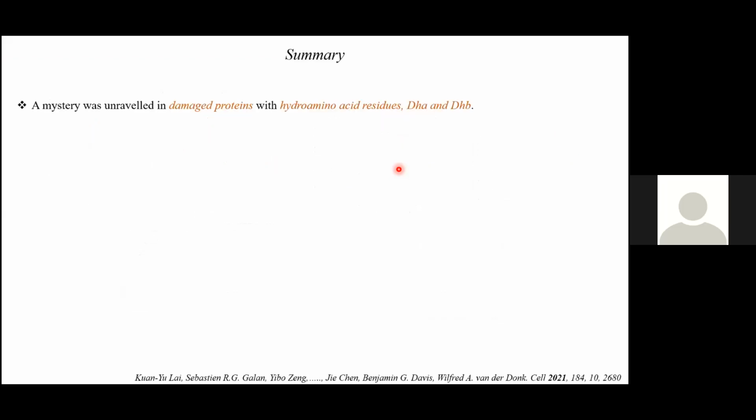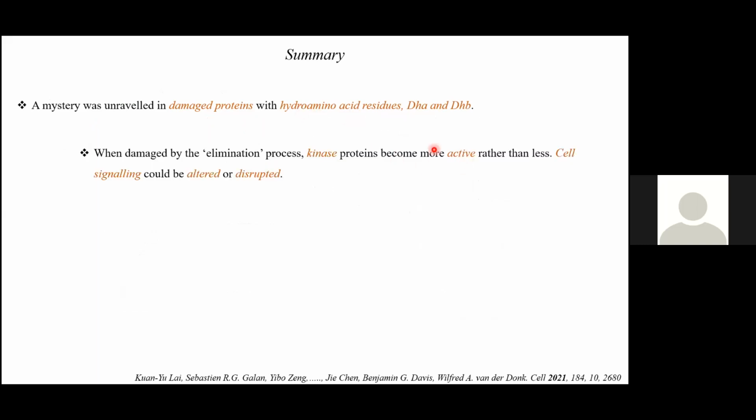So in summary, first of all, we find that damage to proteins with dehydroamino acid residues will activate the kinase activities, then disrupt and alter the cell signaling in our biological systems. Through the collaboration, we solved the functions of these orphan proteins, LanCL.